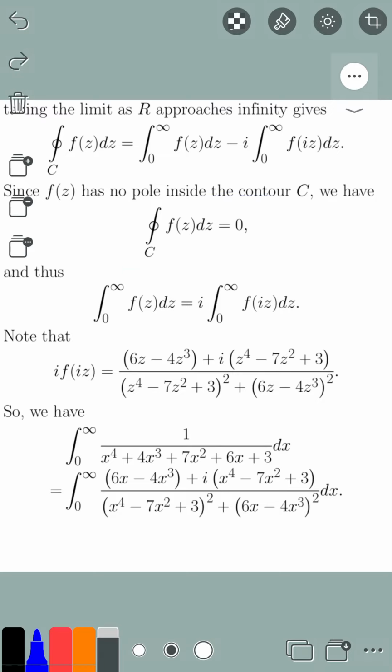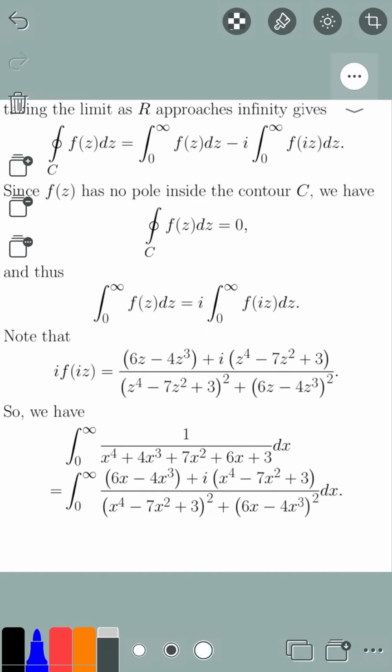And so this whole thing on the right hand side is equal to 0. So that means the integral from 0 to infinity of f of z dz is equal to i times the integral from 0 to infinity of f of iz dz. So that is what we get here.